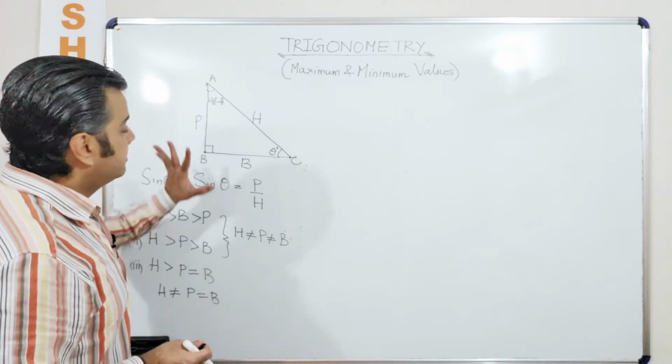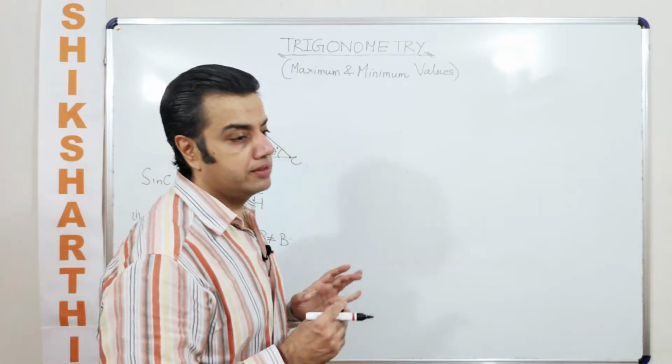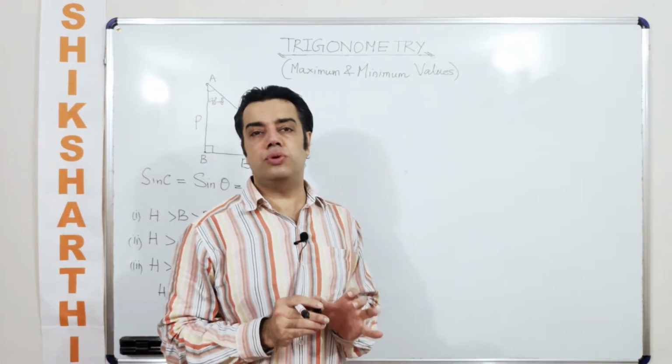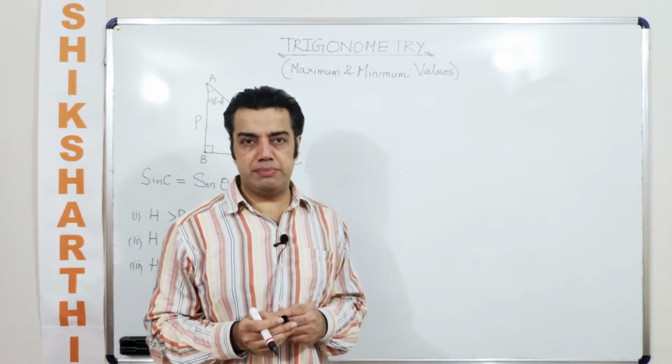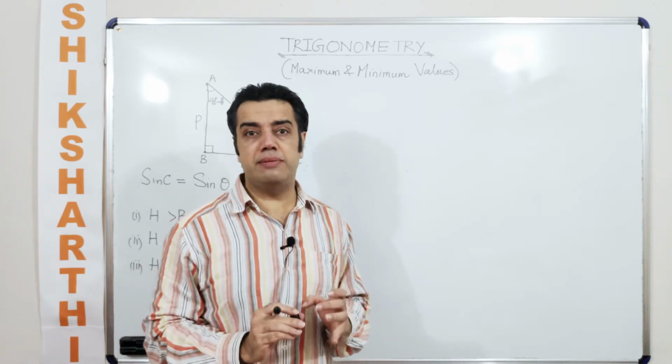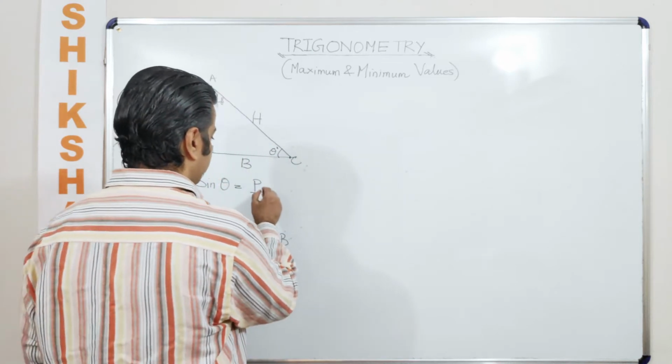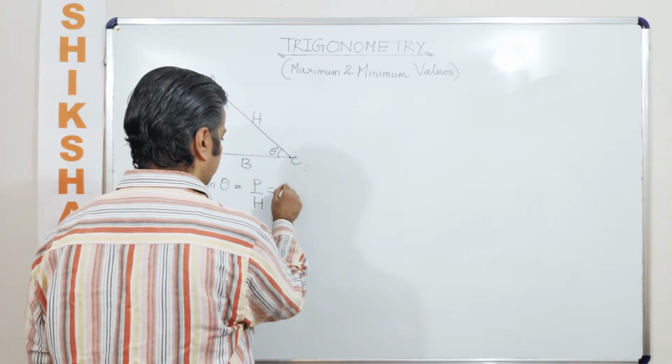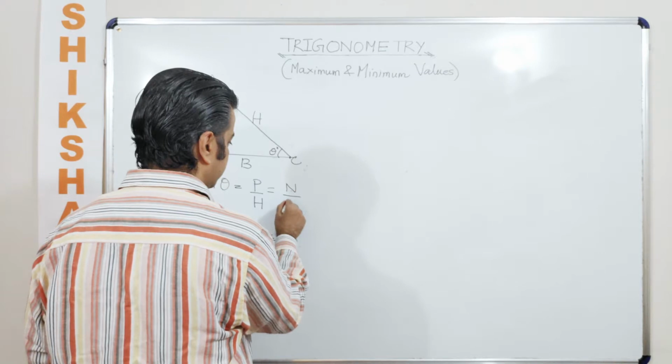Now since this sine theta trigonometric ratio has nothing to do with the base, it concerns only the numerator, which is the perpendicular, and the denominator, which is the hypotenuse. So for the time being, let's put it as a numerator upon a denominator.